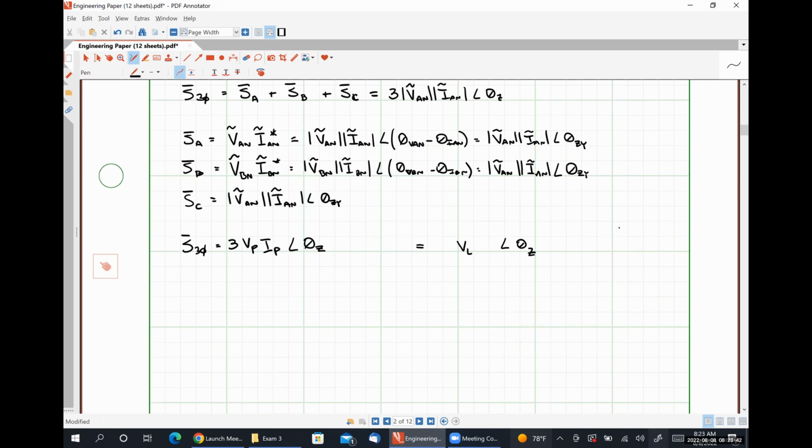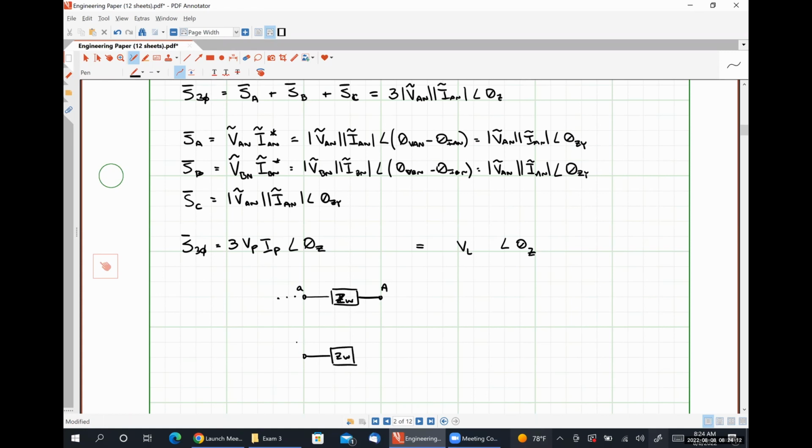Okay. So for delta connected load, here's my transmission line. Here's my lowercase a terminal. Here's my uppercase A terminal. And let me go ahead and draw the other set of transmission line quantities.